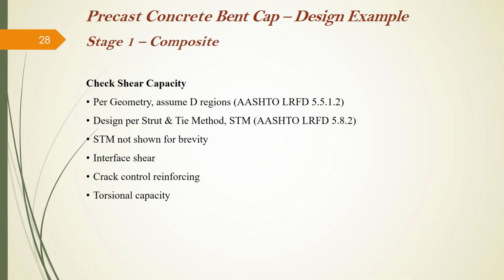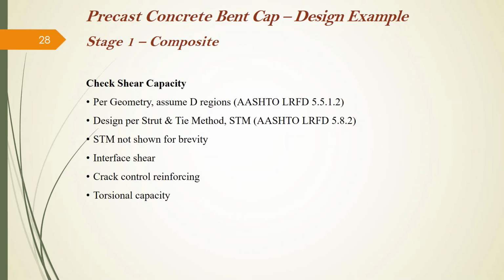D regions are the regions that are close to the supports or force discontinuities, where Bernoulli type beam theory does not apply, and AASHTO in those situations recommends using the strut and tie method. That is an approved method. We're not going to go through this method here, for brevity and with respect to the geometry of the cap beam that we have in this example. The whole cap beam can be designed as a D region, and the strut and tie method can be used for that.